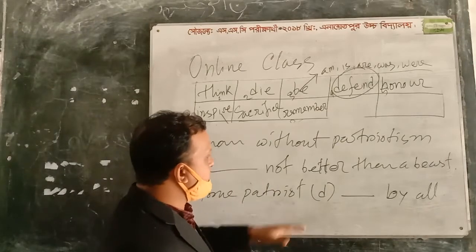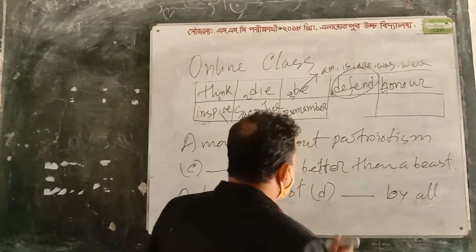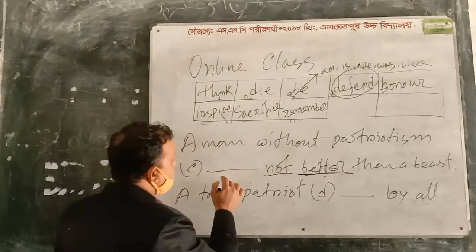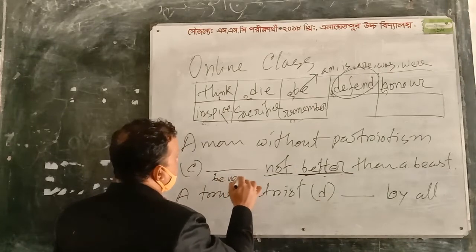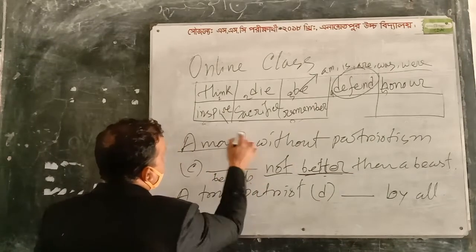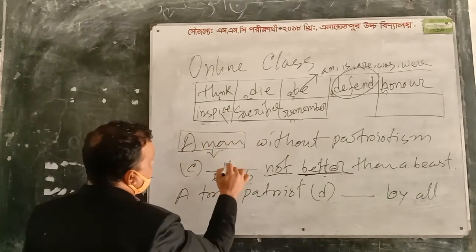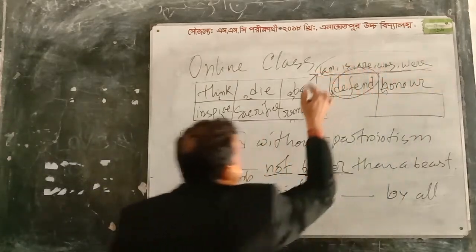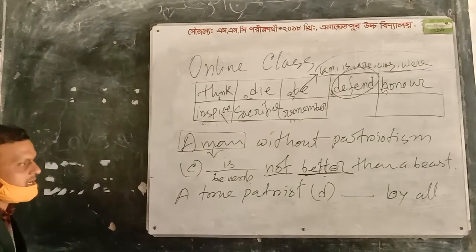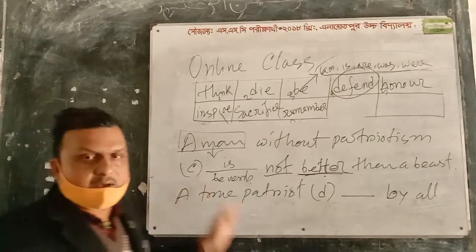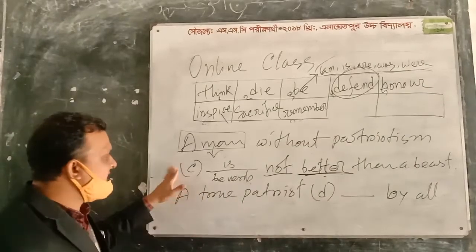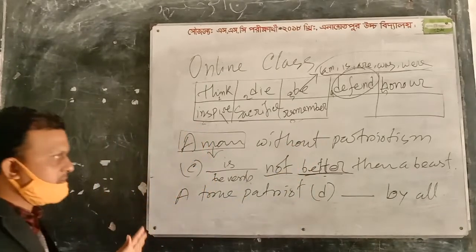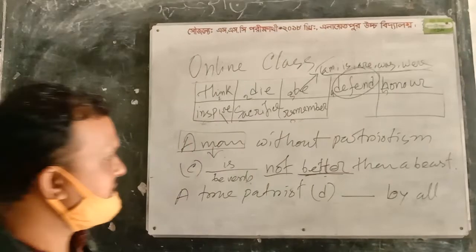This is the comparative form of better than a beast. Better than, this is the comparative form, so not, you will use the B verb here. So a man is, I can use the B verb. A man is not better than a beast. So the number C solution is: is not better than. I mean a man without patriotism is not better than a beast.